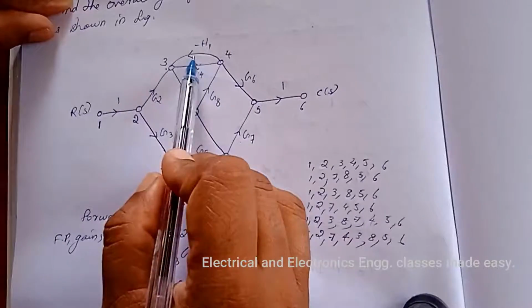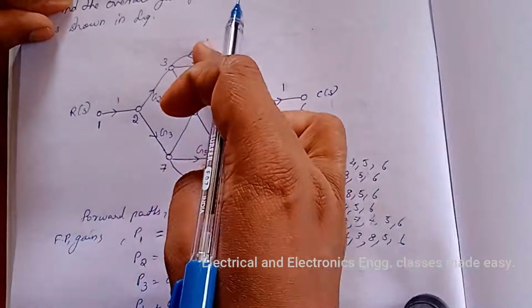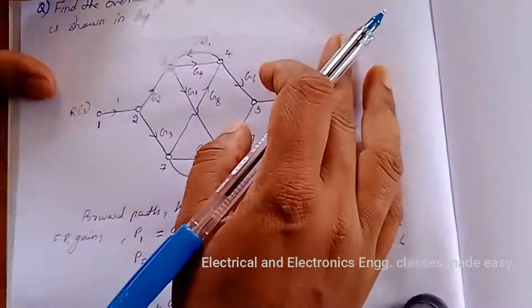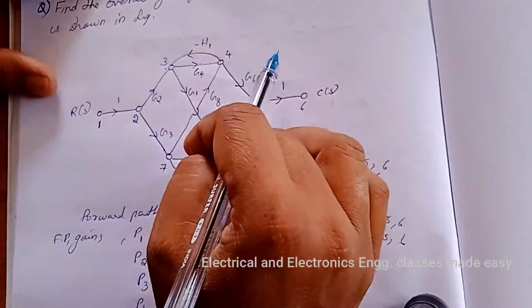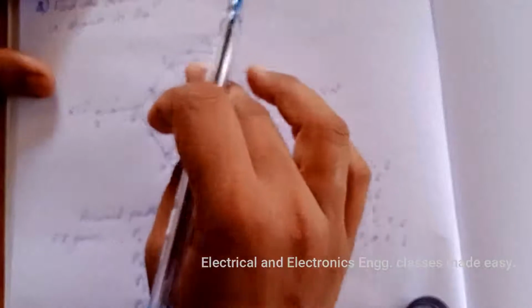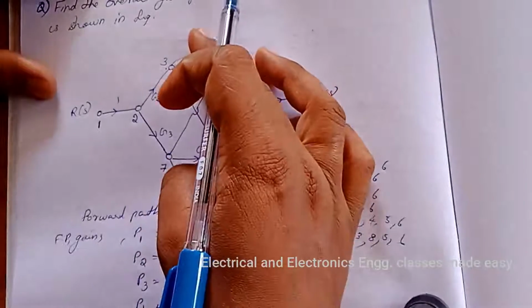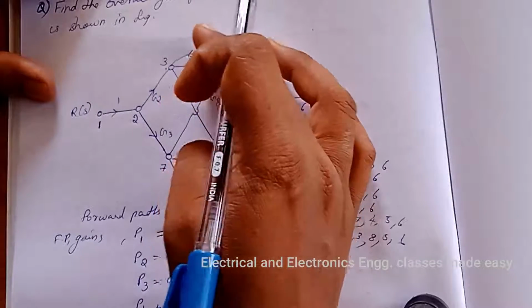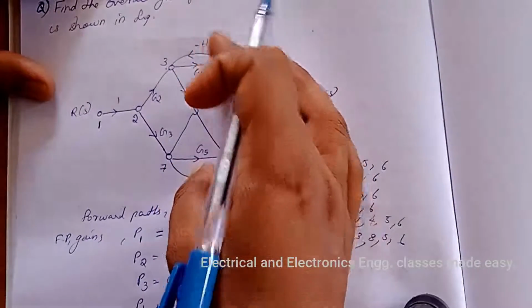So only there is one pair of 2 non-touching loops, and there are no 3 non-touching loops, since there are only 3 loops. So only one pair of 2 non-touching loops is there, and that is this one and this one.